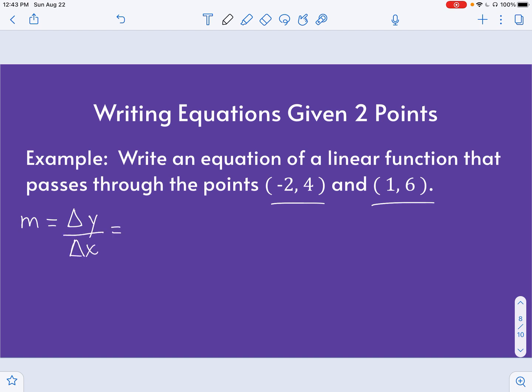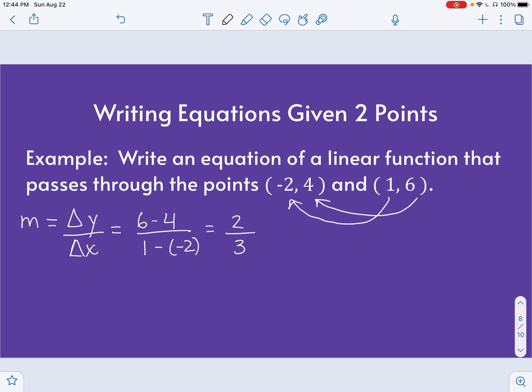In other words, you're going to do y2 minus y1 all over x2 minus x1. Okay, so I know that 6 minus 4 is 2, and 1 minus negative 2 is 3. So my slope is 2/3.